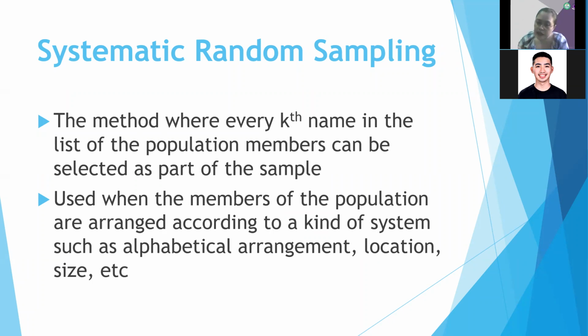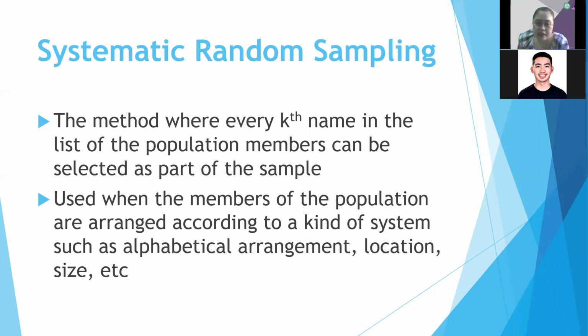Tapos, ide-determine natin yung sample size and then we will select them according to interval. So, hindi siya kagaya ng simple random na bunot-bunot lang. Dito, may list ka pa rin ng population mo pero magko-compute ka ng interval. I will also show you a video later on how this is done.